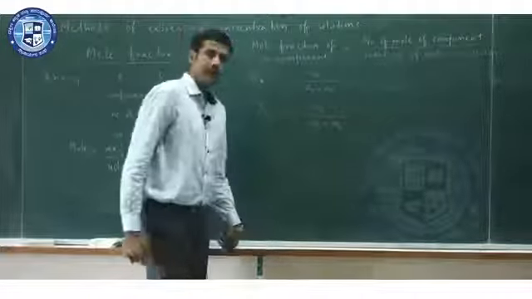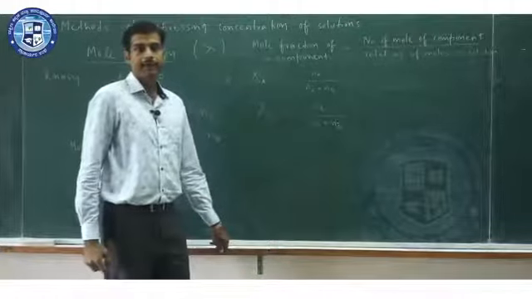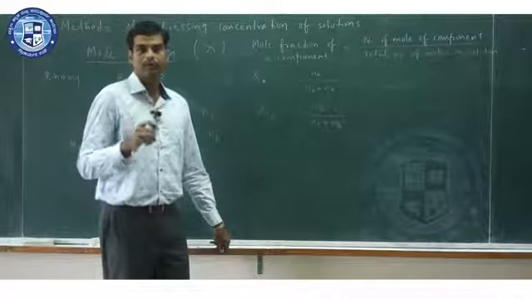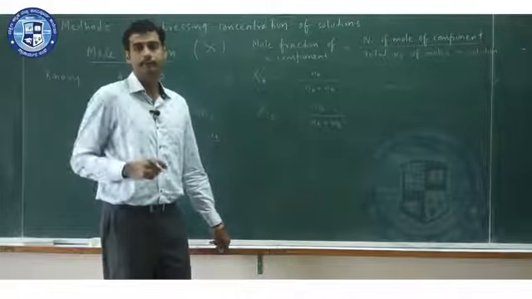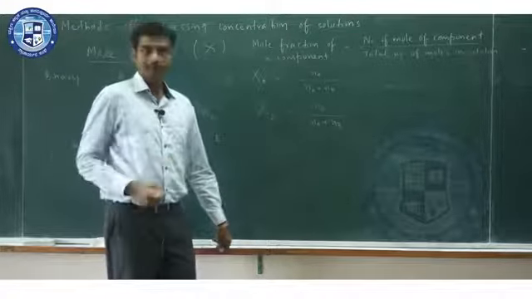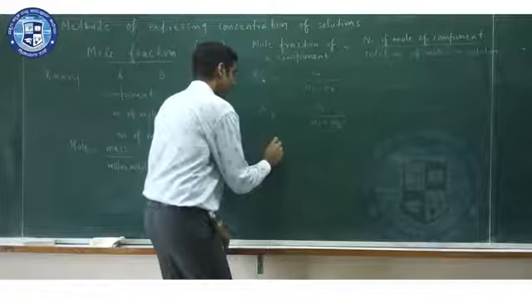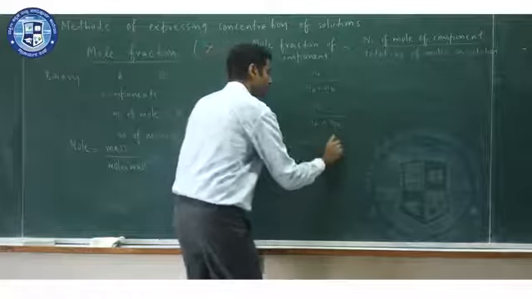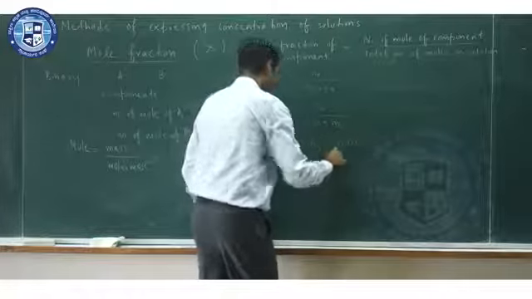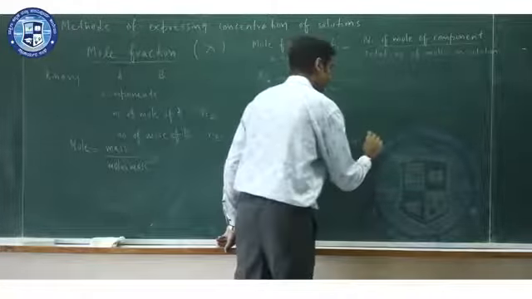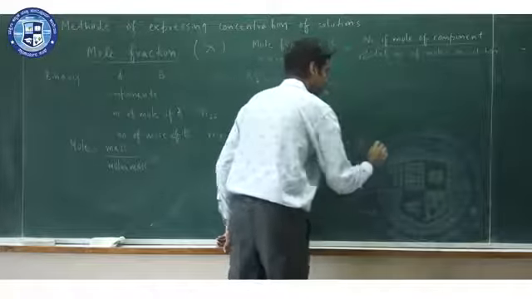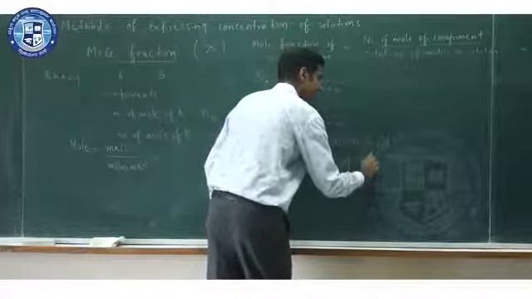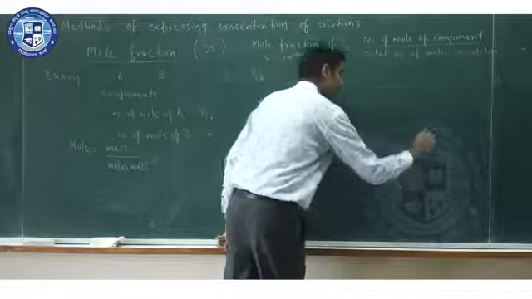Another aspect that has to be kept in mind is, if I take the sum of the mole fractions of all the components, it will be unity. Sum of mole fractions of all components will be 1.